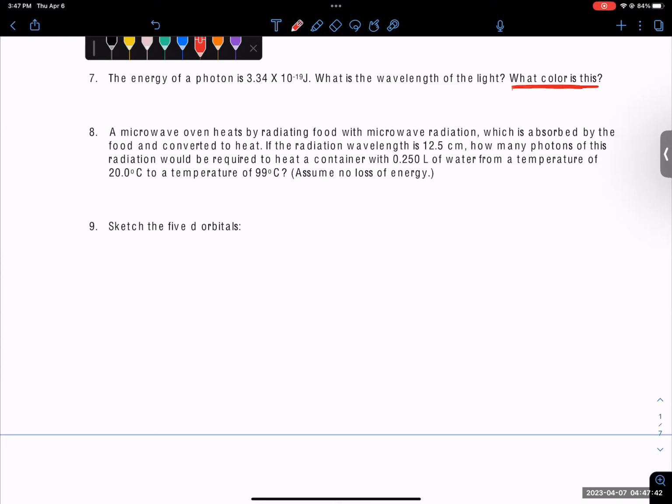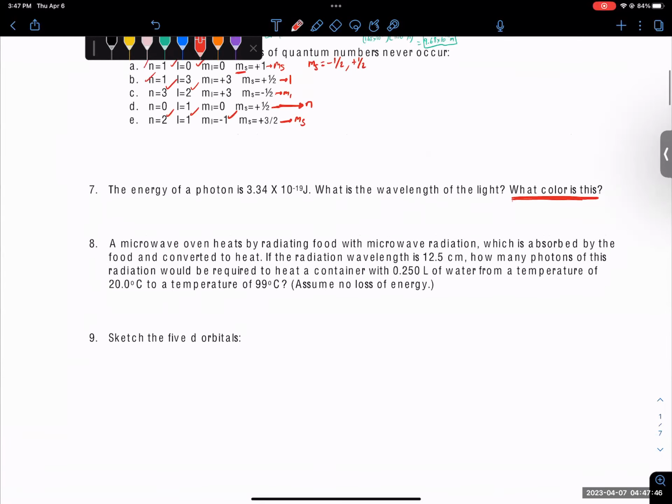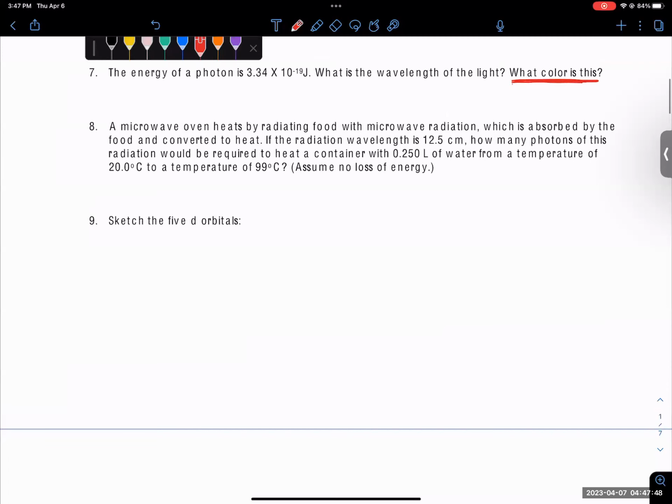All right, it is 3:47 PM. The energy of a photon is 3.34 times 10 to the negative 19 joules. What is the wavelength of the light? What equation will you use to solve this problem? Something to do with energy, something to do with wavelength.